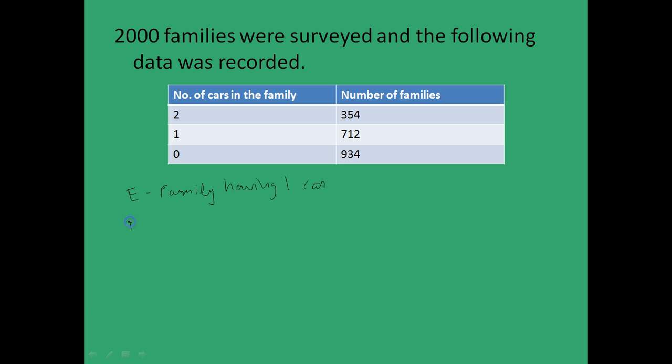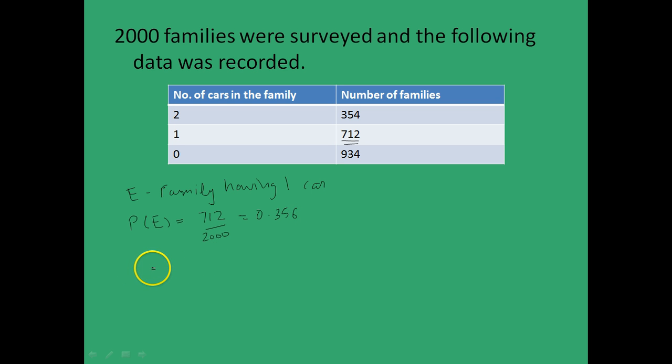If we want to look at the probability of a family having one car, we'll discuss the probability of event E, which will be given by the number of families which have one car, that is 712, upon the total number of families surveyed, and that is 2000. And so you get 0.356.